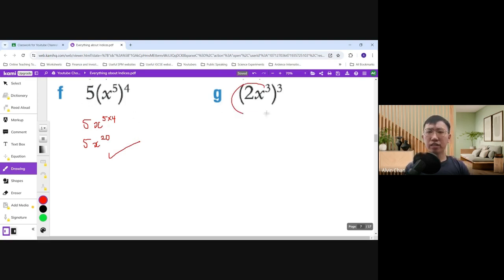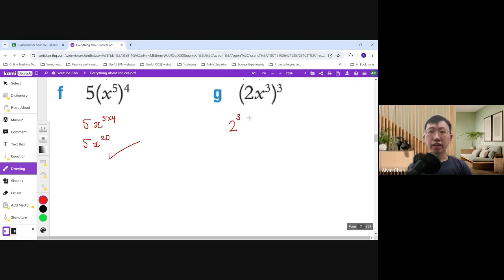All right, let's practice this one. This one, I purposely put the questions side by side like this so that you can see and compare by yourself. This 2 is affected by the raising of power 3. This 5 is not affected because it is outside of the bracket. So this one right here, you need to raise to the power of 3. Show like this. 2 to the power of 3.